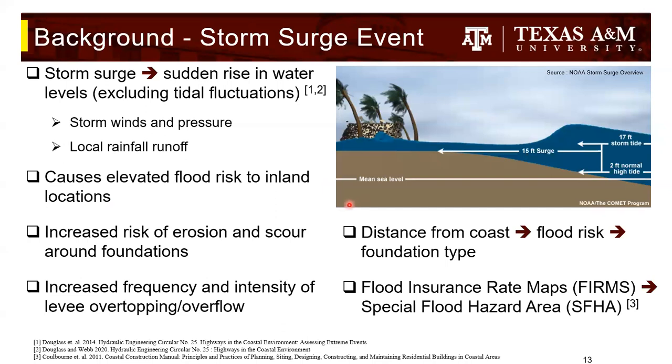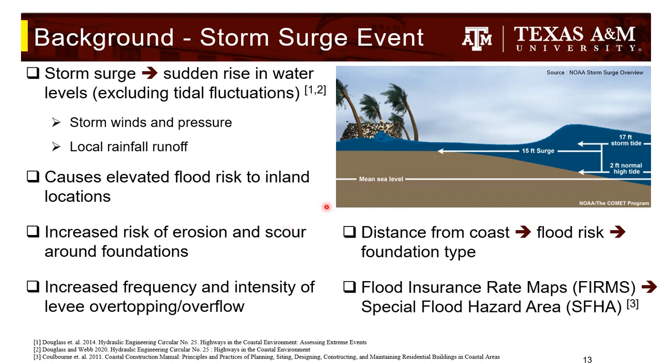And this all comes together and results in the damage of the foundations, the levee overtopping, and in general, this increases the flood risk. And therefore, it is really important to understand how this storm surge affects our foundation system.